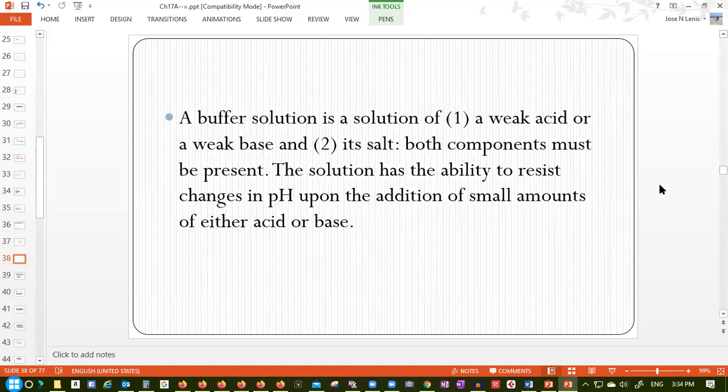A buffer solution is actually a mixture, a homogeneous mixture. Let me write this, because this is the basic definition of a buffer solution, and it needs to be very clear. If you understand the definition, you will understand what a buffer is and how the buffer works.